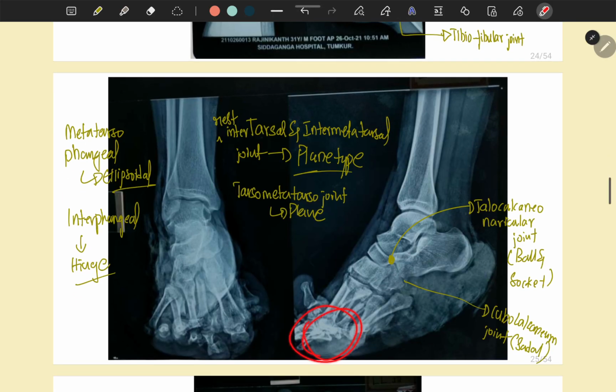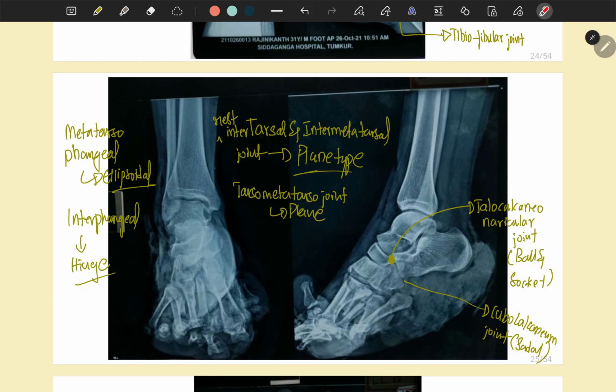Here there are multiple fractures of phalanges and metatarsal bones. And here you can see between the calcaneum, talus and navicular there is a joint, talocalcaneonavicular joint. This is a ball and socket type of synovial joint.